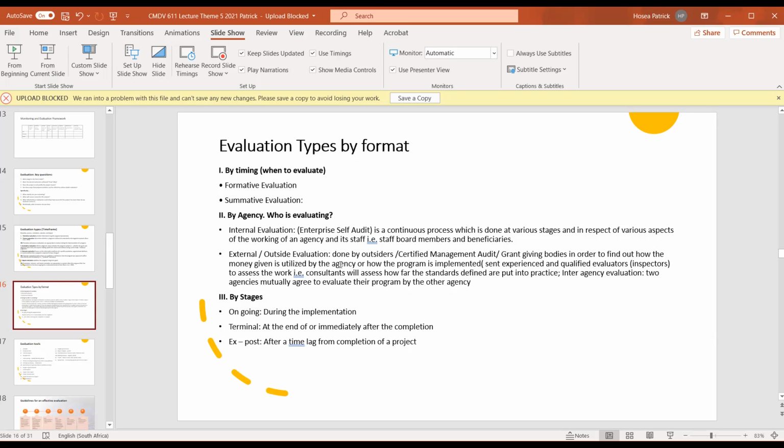Because our projection, for instance, I remember in our first class, we talked about a project that I want to do in the class. We said we are going to train youths for crop production, and the idea is that we want to create employment in KZN. Now, we have ended the project.